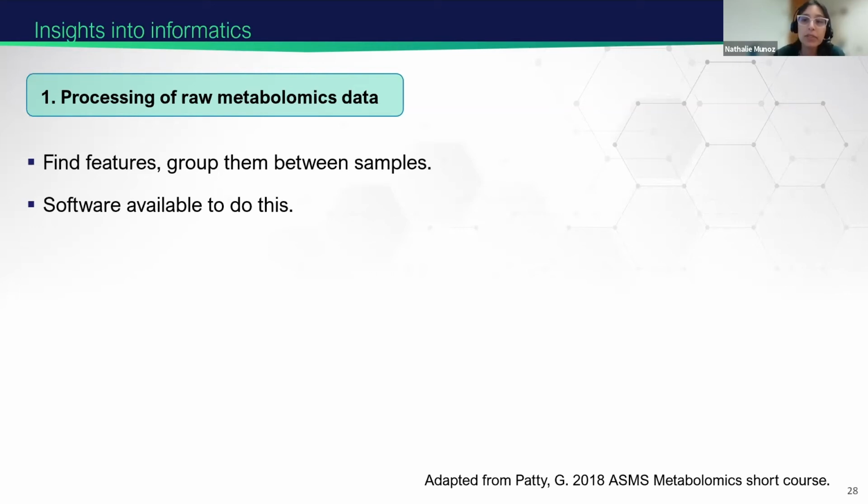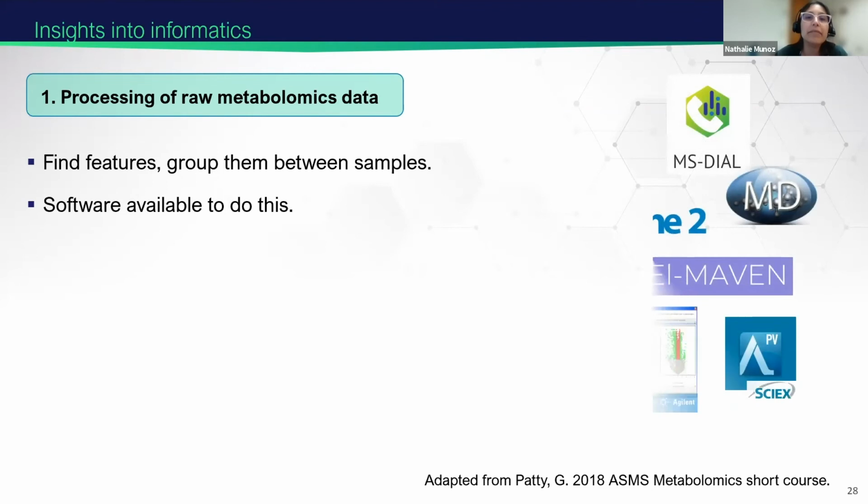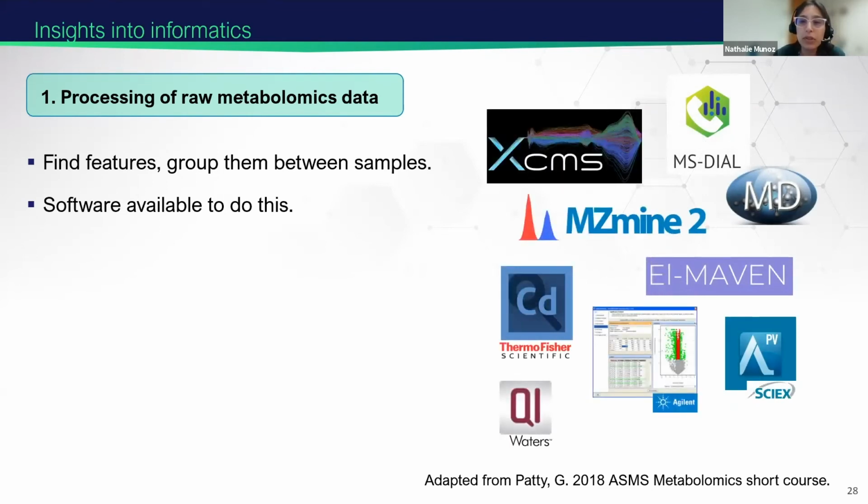First, we need to process the raw metabolomics data. In this step, we find features and we group them between samples, and we have these tools shown here. Some of these tools are proprietary, others are open source, and they support different kinds of data in mass spectrometry. This list is not comprehensive.